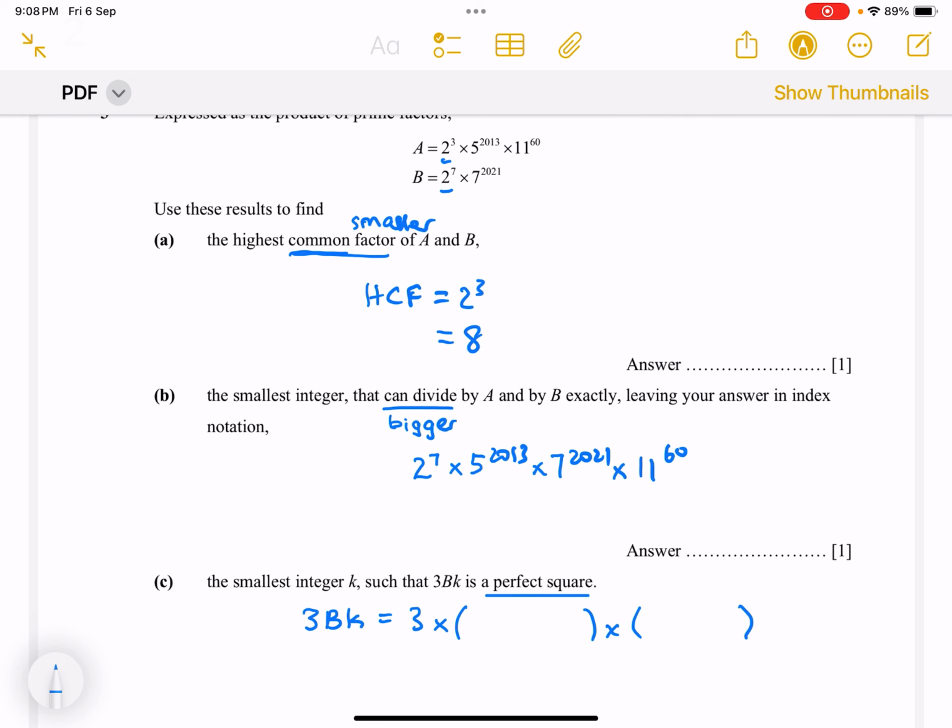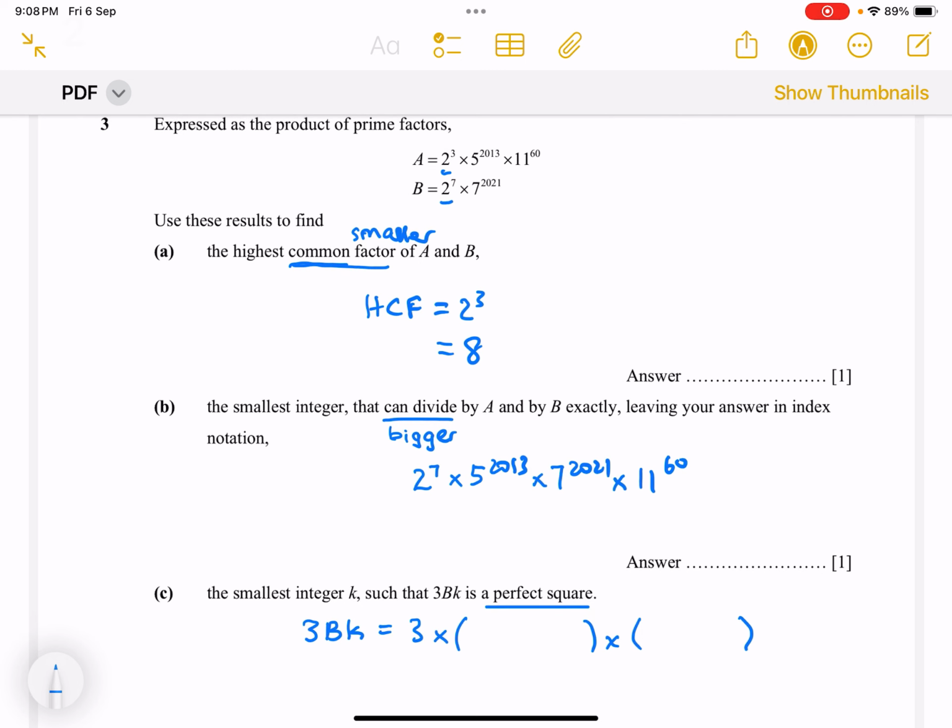Right, next, 3bk is a perfect square. Now, a perfect square has even powers. So b has an odd power. b is 2 to the power of 7 times 7 to the power of 2021. Both powers are odd.